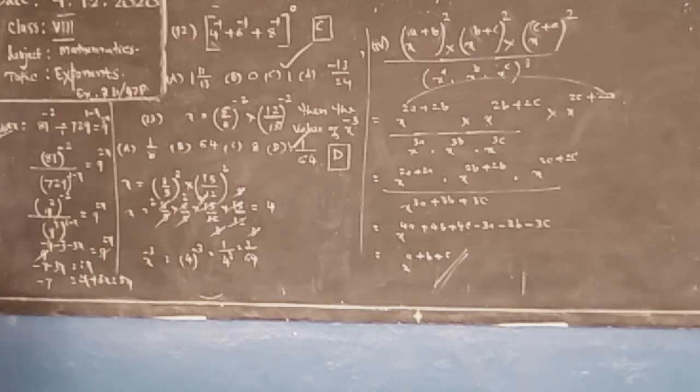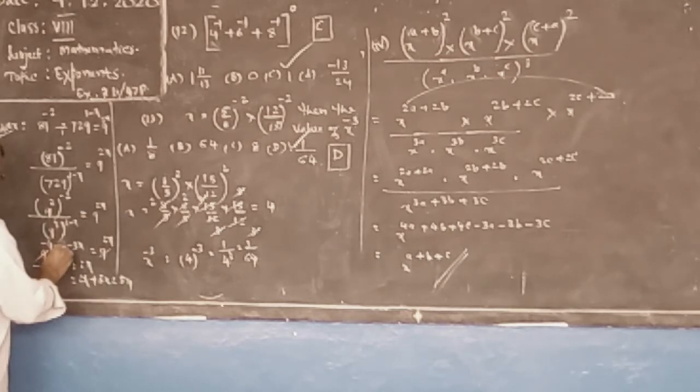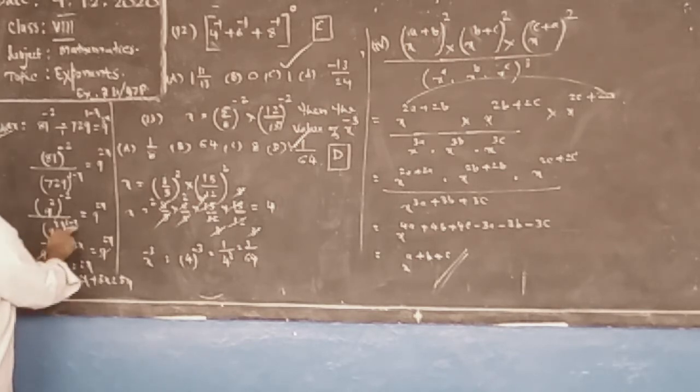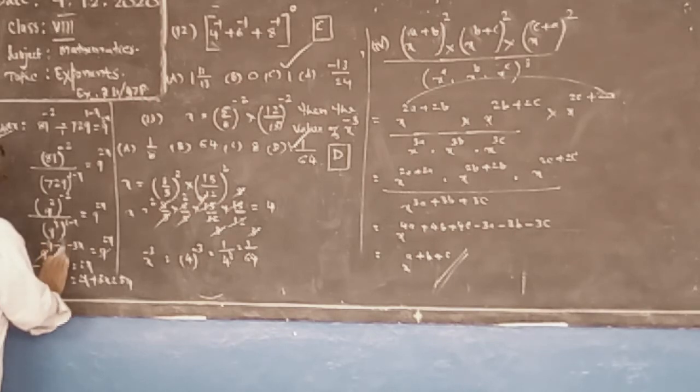But I didn't write it right. 9 power minus 4, and 9 cube power 1 minus x. Getting up, minus 3 times 1 minus x, minus 3 plus 3x.